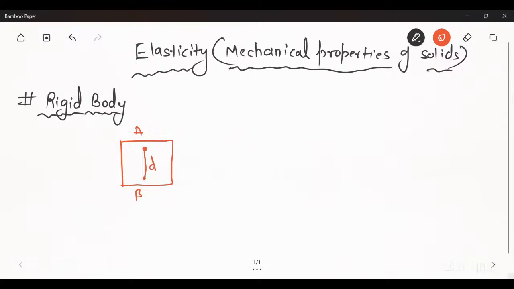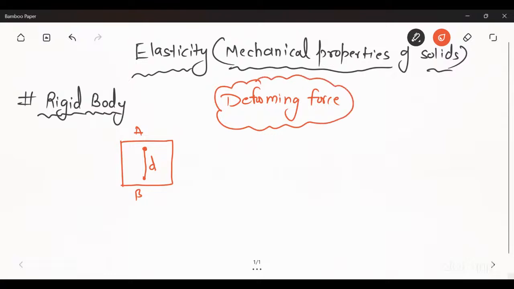If we apply any deforming force, meaning a force which can change the shape and size of an object, then in a rigid body, from any side, the distance between two intermolecular points does not change. This type of body is known as a rigid body.